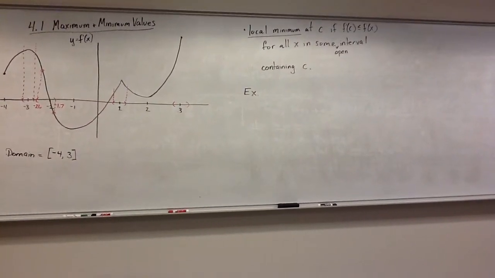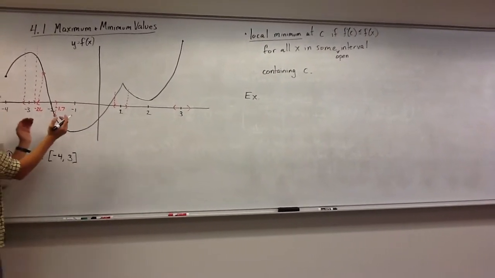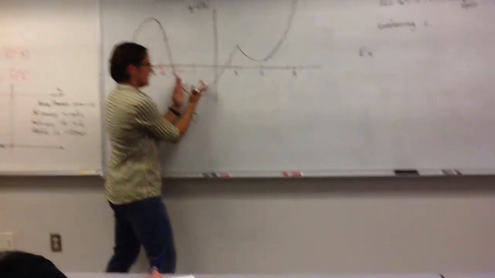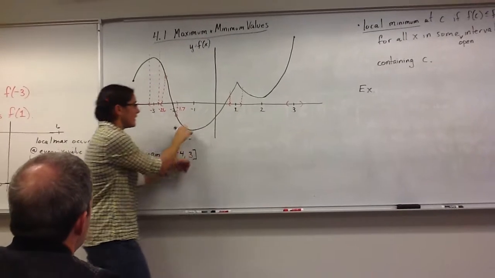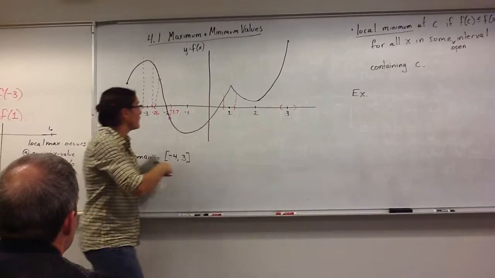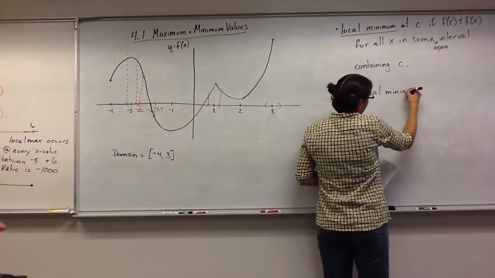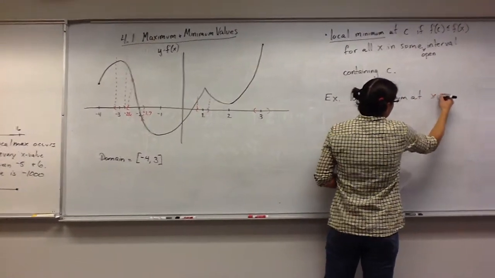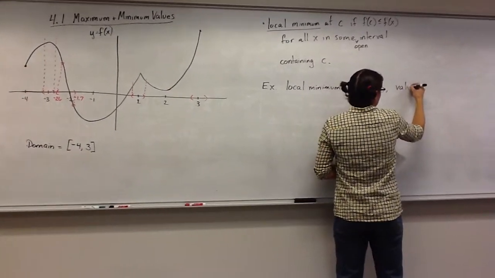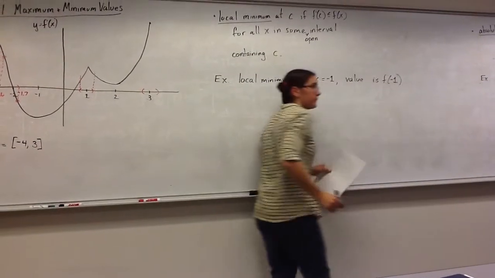Alright, so in our example, what we're looking for is places where if I put a little open neighborhood around the x-axis and then look at my corresponding function, I have within that little neighborhood a lowest point. So, for example, we have a local minimum at x is equal to negative 1, and the value of that local minimum is the y value, f of negative 1.